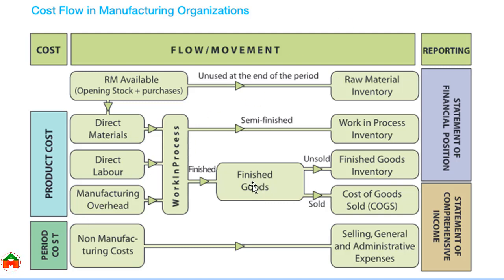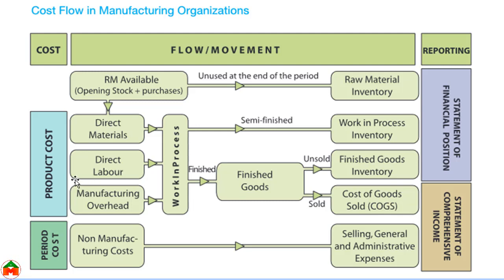And if the finished products are not sold, then those unsold products are shown as finished goods inventory. On the other hand, if we sell the finished product, then the costing for those finished products should be shown as cost of goods sold.